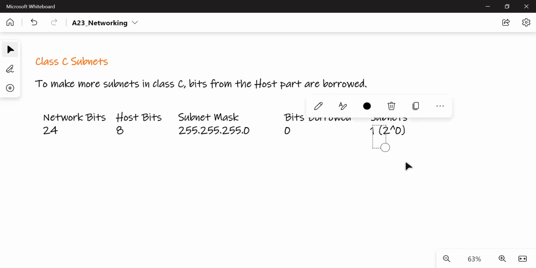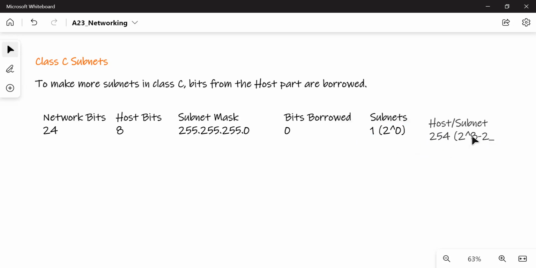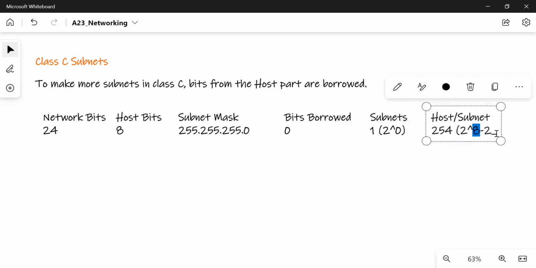Now, this is the smallest one possible, because we have 8 host bits. So 2 to the power 8 is 256, but when you subtract 2, we'll get 254. So this is what you need to remember about this one.